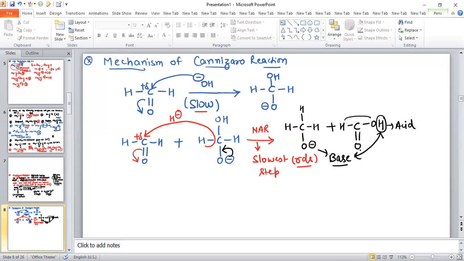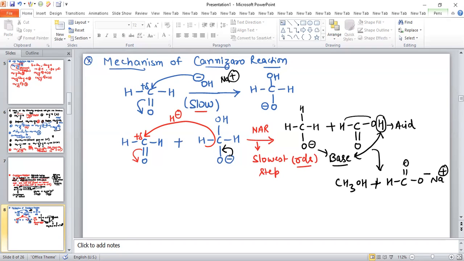After the acid base reaction, this will convert into CH3OH, and this will convert into HCOO minus. Because NaOH is used, Na plus is present in the solution, so this Na plus will be supported by O minus. So this product is obtained, and this is the mechanism.